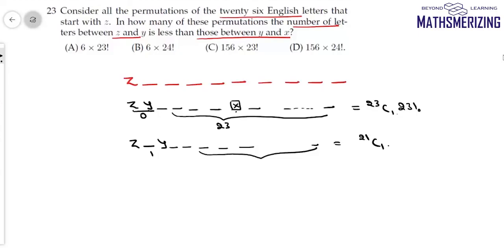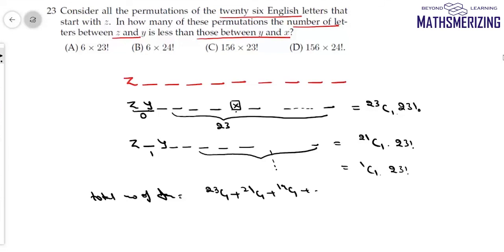So it'll be 21C1 into, again, the arrangement of 23 letters. So that's factorial 23, and it'll continue till we have the condition when it is 1C1 and then the arrangement of the remaining 23 letters. So the total number of such permutations is given by 23C1 plus 21C1, 19C1 and so on up to plus 1C1, into factorial 23.